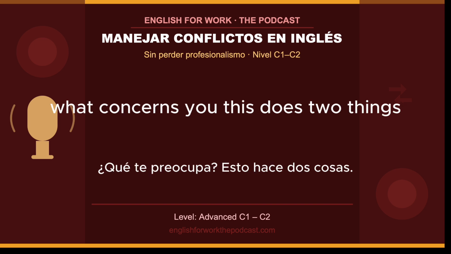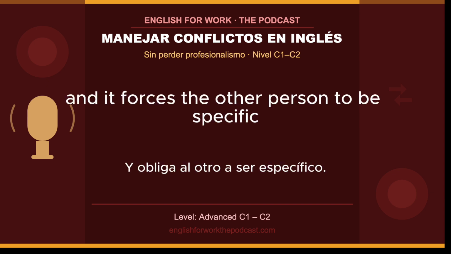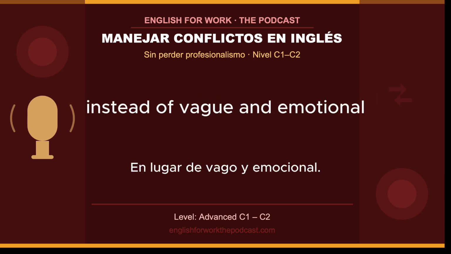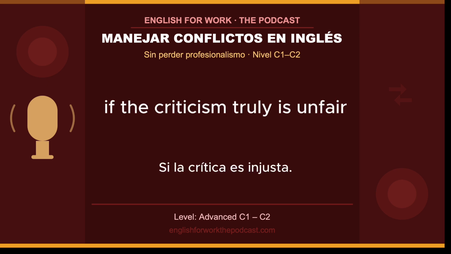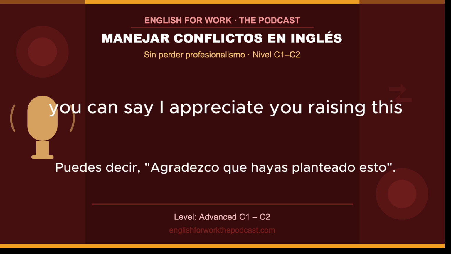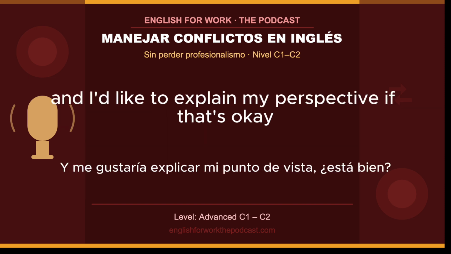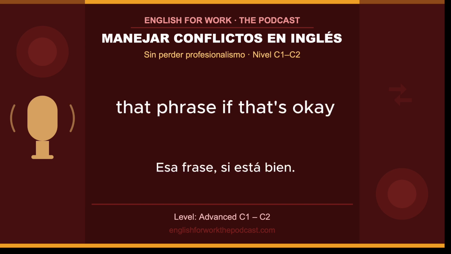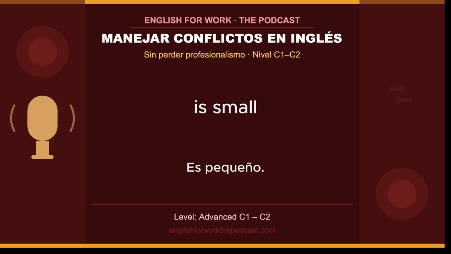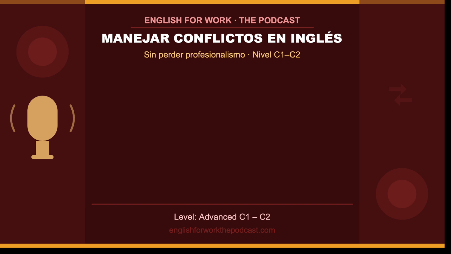This does two things. It buys you time to think, and it forces the other person to be specific instead of vague and emotional. If the criticism truly is unfair, you can say, "I appreciate you raising this. I see it differently, and I'd like to explain my perspective, if that's okay." That phrase, "if that's okay," is small, but it shows respect even while you defend yourself.